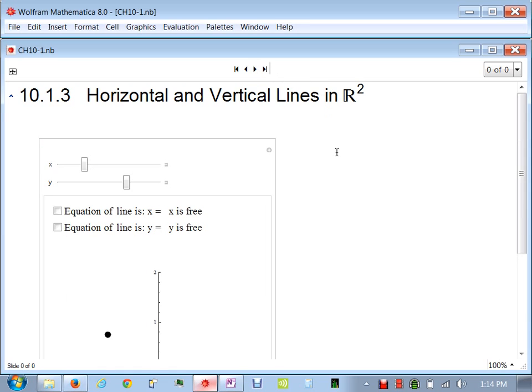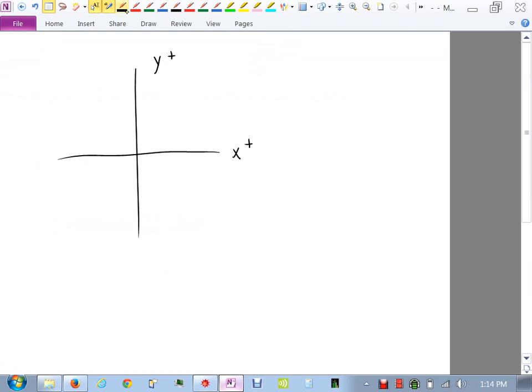But when we're sitting here in two-dimensional space, if we write x equals 3 in R2, it is not a point. In R1, it was the point 3 on the x-axis because there was no y-axis.